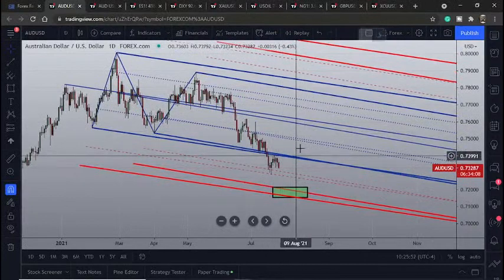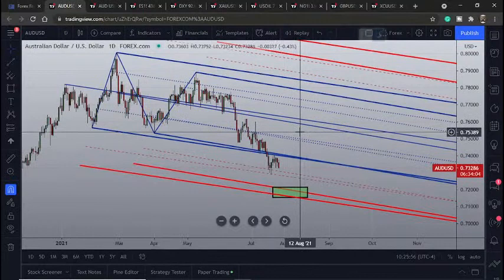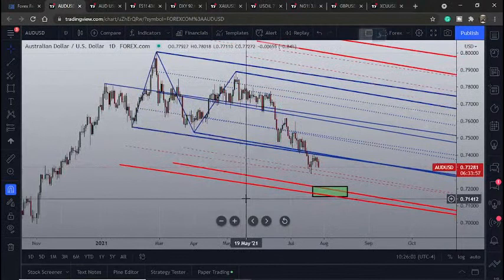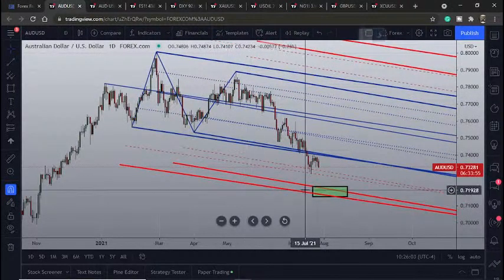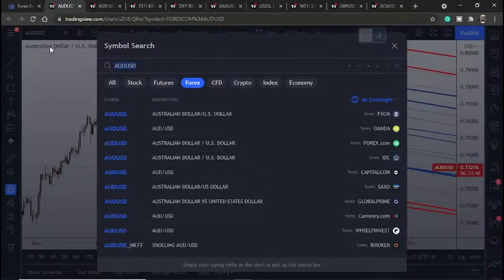And obviously you'll have to keep on it the whole time until you find an area where you might see resistance set in, and then trade this to the downside. My viewpoint on the AUD USD is that it is still bearish and could still be bearish for time to come. Then we have Bhavesh asking me about the US dollar Swiss franc.